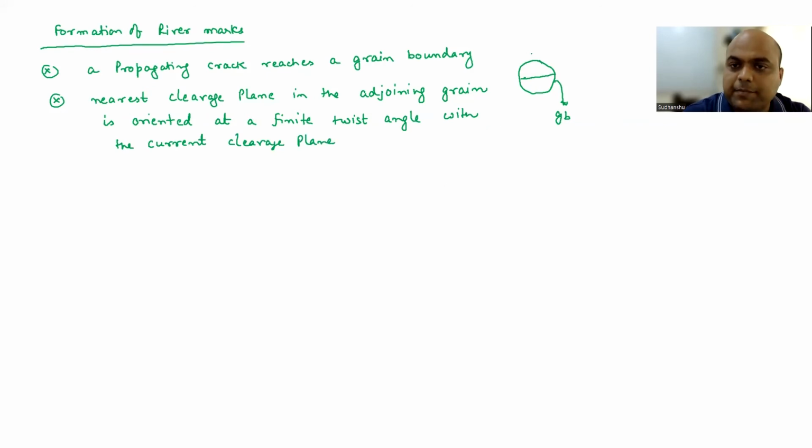Okay, so now let me mark this as grain 1. Now you are going to have another grain, 2. Okay, so the current cleavage plane is this one. So this is, say, my current cleavage plane in grain 1.